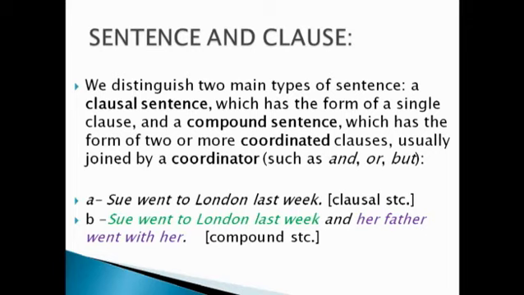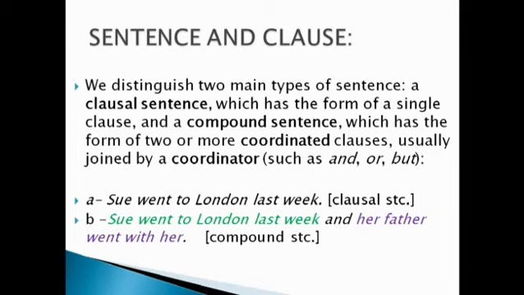So we distinguish two main types of sentence: a clausal sentence, which is a sentence of only one clause, and a compound sentence, which has at least two clauses, which has the form of two or more coordinated clauses, usually joined by a coordinator, and, or, but, and so on. So take a look at A. Sue went to London last week is a clausal sentence.